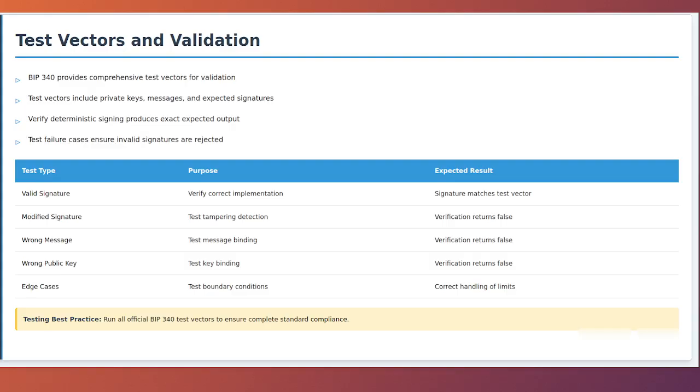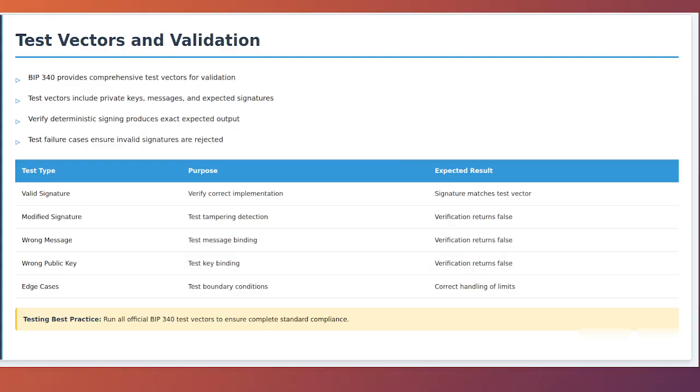BIP 340 includes numerous test vectors covering normal cases, edge cases, and cases that should fail validation. The test vectors in BIP 340 include the private key as a 32-byte hex string, the corresponding public key x coordinate, a message to sign, and the expected signature.